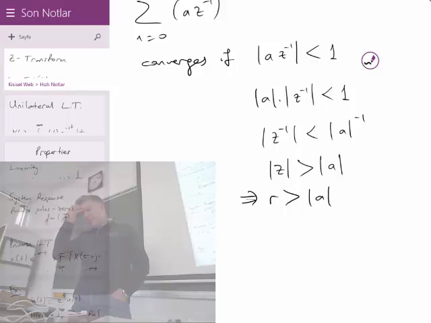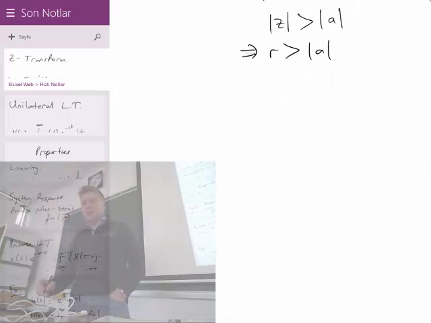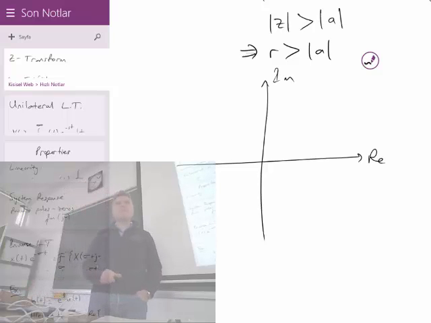Now, it's a radius. So can we really plot this region of convergence? Again, this is the real and the imaginary axis, because it's a complex plane, the z-plane. And at z equal to a, you remember that?